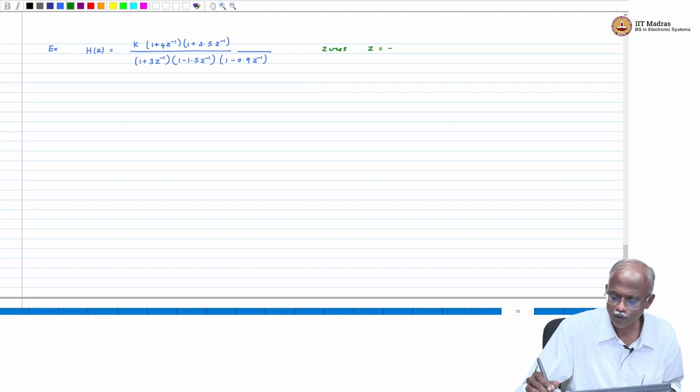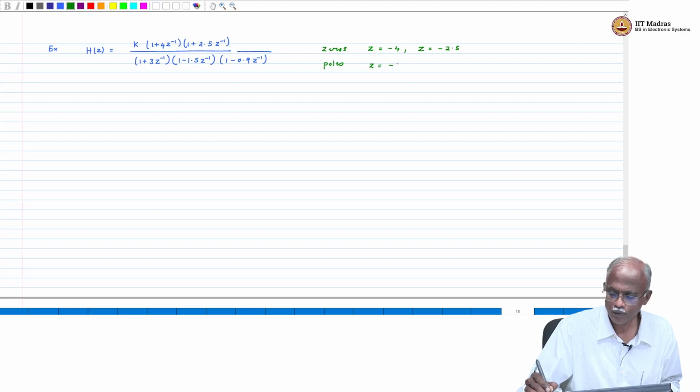Z equal to minus 4, Z equal to minus 2.5. Those are the two zeros that we have. The poles that we have are very important because this is what will impact the region of convergence.